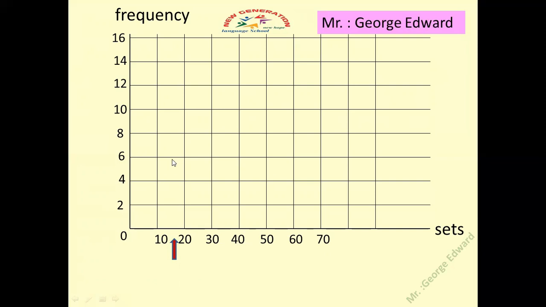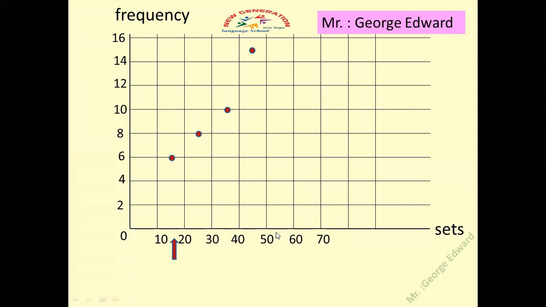Second one, 20 to 30, the center here is 25 and the frequency is 8. The third set 30 to 40, the center is 35 and the frequency is 10. The fourth set 40 to 50, the center of the set here is 45 and the frequency is 15.